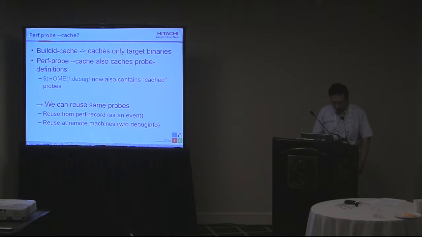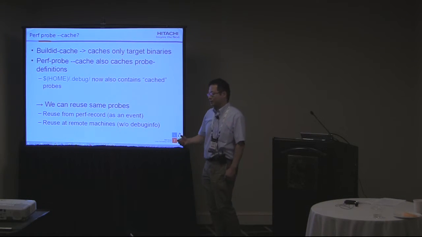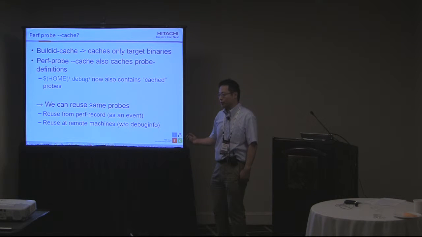Okay. Actually, Perf supports the build ID cache. The build ID cache caches the target binaries of tracing.